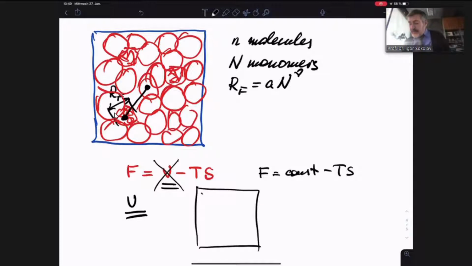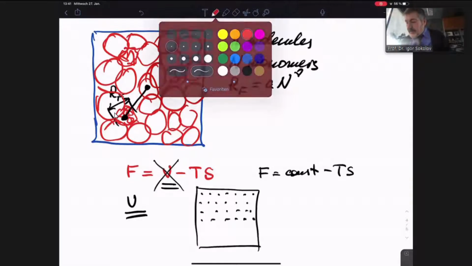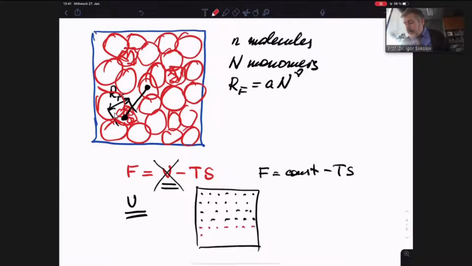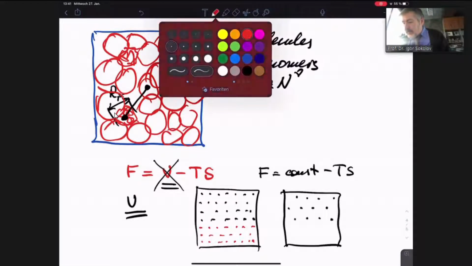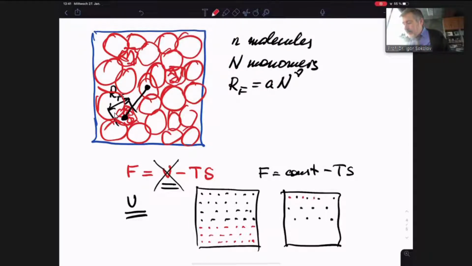For example, if you have here everywhere A atoms, and here everywhere B atoms, you have a different interaction than you would have if you have, for example, A's and B's interchanged, somehow alternating in your lattice. I will not draw the whole, but I draw an example. So here the energy will be different.